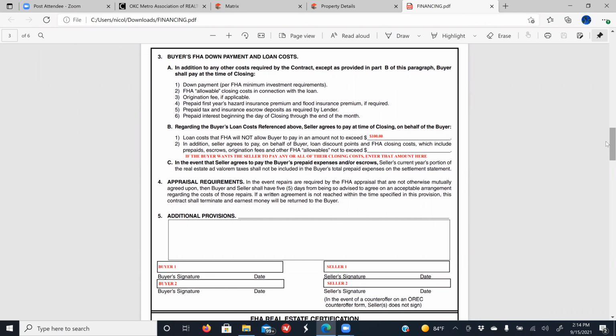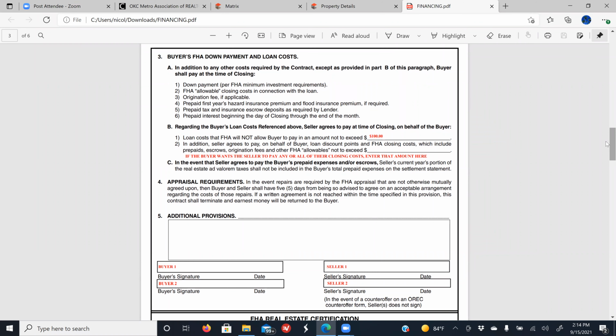As you remember from the conventional loan, there was not a section that specifically called out closing costs and the seller paying any closing costs on behalf of the buyer in the conventional form. In the FHA form, it is addressed in section 3B.